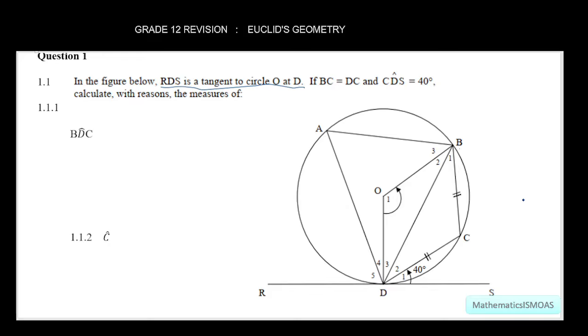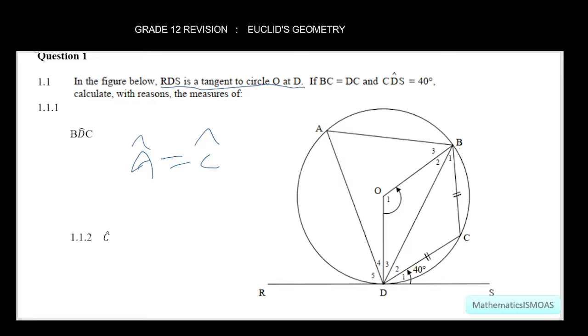And also angle ABC and angle ADC will add up to 180 degrees. Please notice that in cyclic quadrilateral ABCD, I only say angle A and angle C because there is only one angle A and only one angle C.